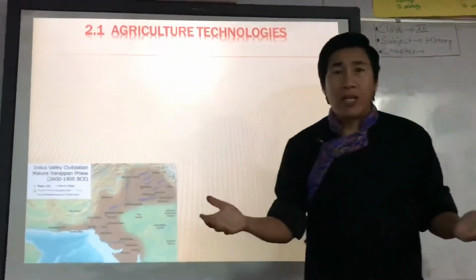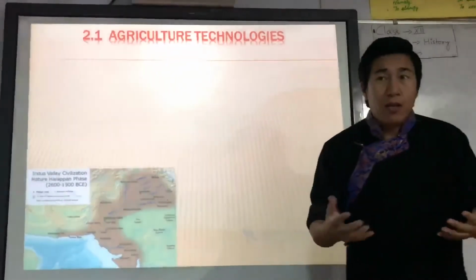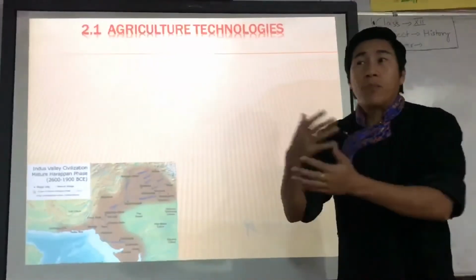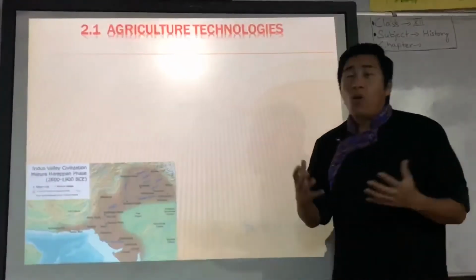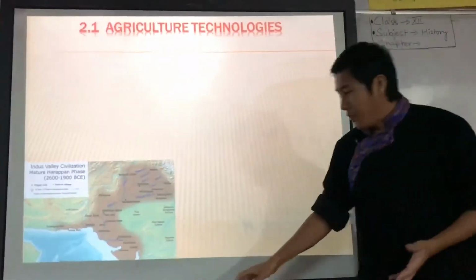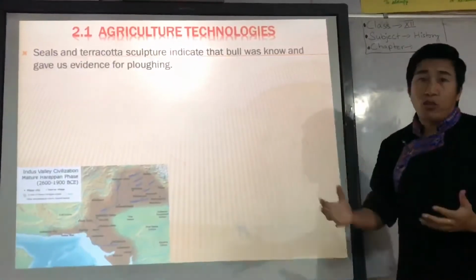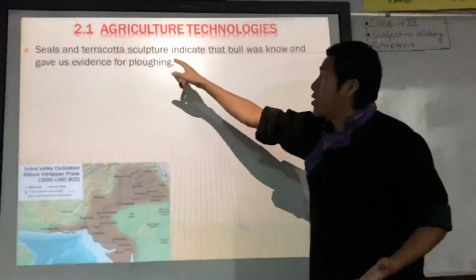Now, the second thing that we are going to discuss is agriculture technology. As we know, the prevalence of agriculture, we know from the find of grain, but the actual reconstruction of agricultural practice is far more difficult. Why? So how do archaeologists find out about this? First, to know about agriculture technology and practice, they use the seal and terracotta sculpture.